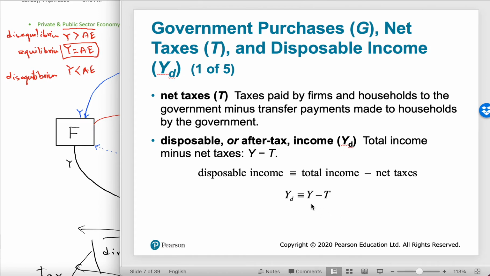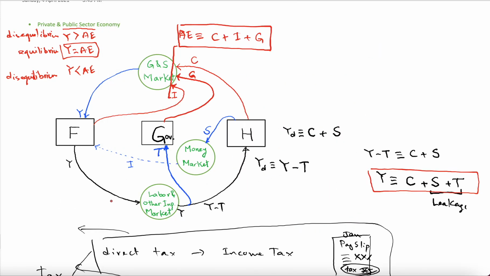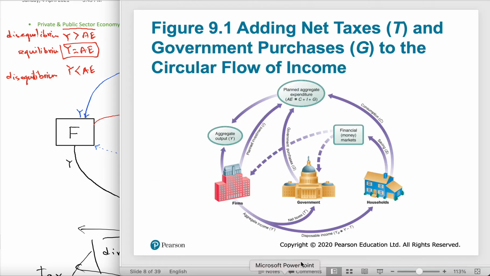So let me go back to our slides, and this is how the net tax and the disposable income were defined. The disposable income is called after-tax income. And the flow diagram shown in the book is different from mine. I like mine because the squares show the players and the circles show the markets, whereas the book just shows the flows.